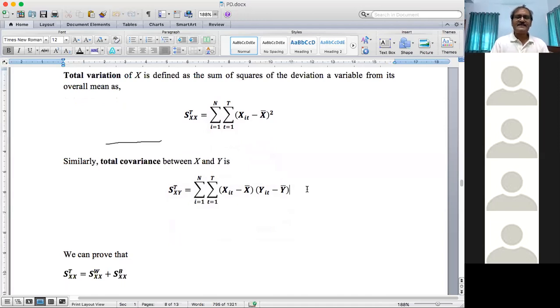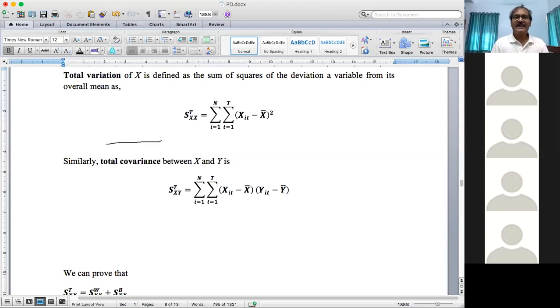Now the question is why we are discussing three types of mean values, three types of variance, three types of covariance. Because ultimately we use this data to estimate a regression model.